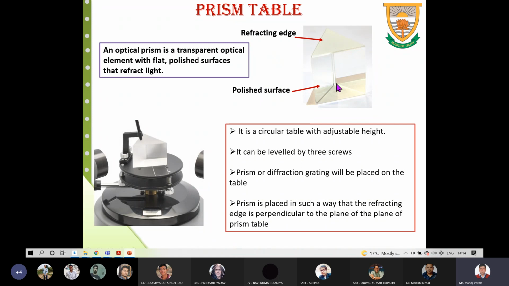Polished surface means they are transparent surfaces, and light can enter through these edges, but light cannot enter through this edge because this is the rough one. There will be more dispersion of light to the surroundings if you try to give light to this surface.